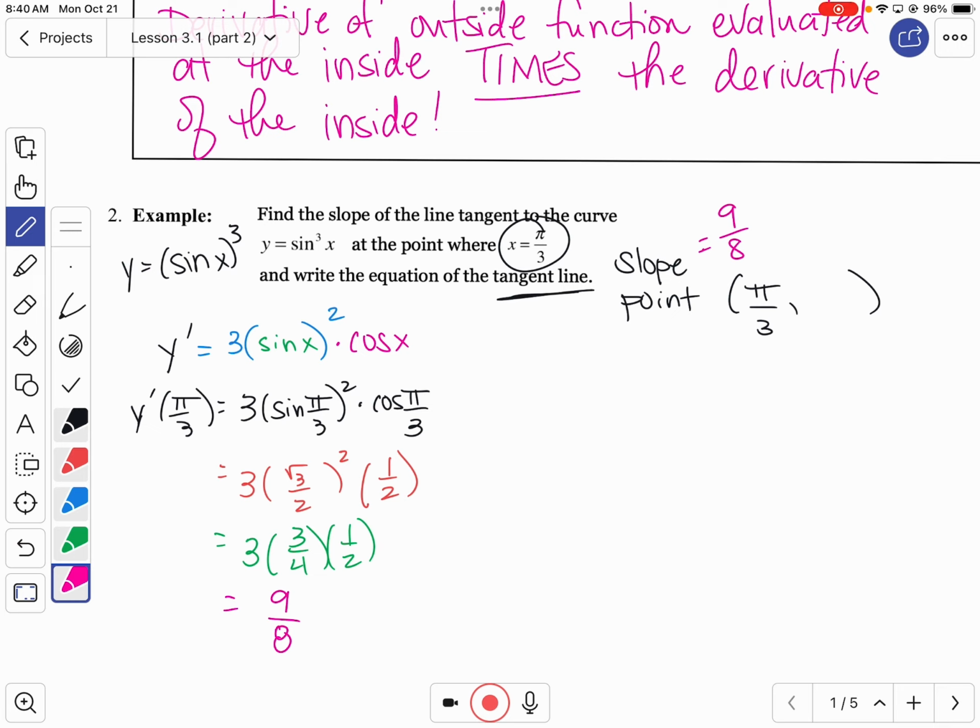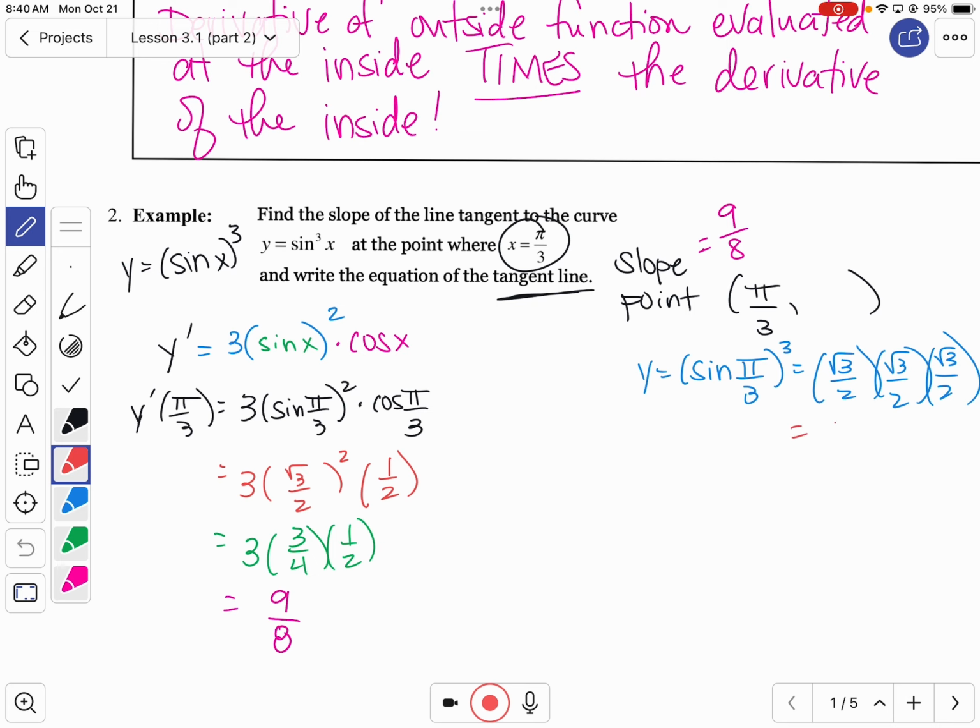All right. Now, in order to write the equation of the tangent line, we need an ordered pair. Well, I know my x value is pi/3, so let's plug that into the original function. So I need the sine at pi/3, but I need to cube it. Okay, well, that's square root of 3/2 3 times. Okay, so just to help you a little bit with that.